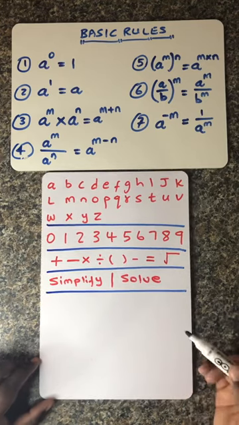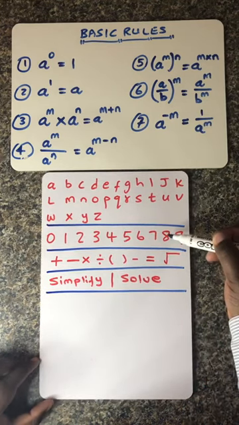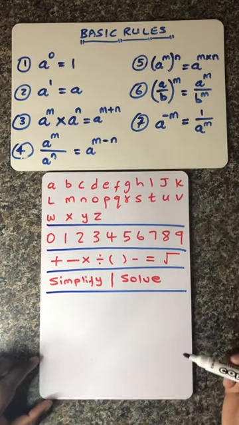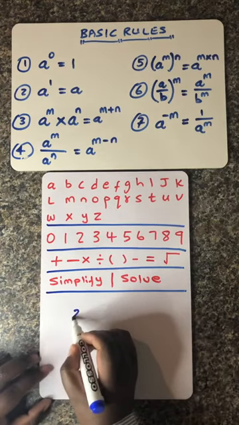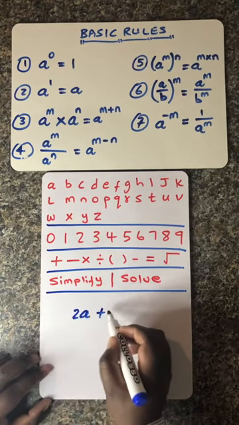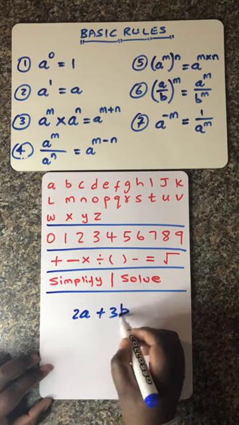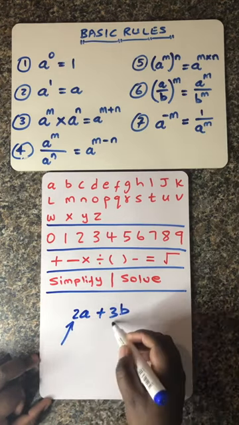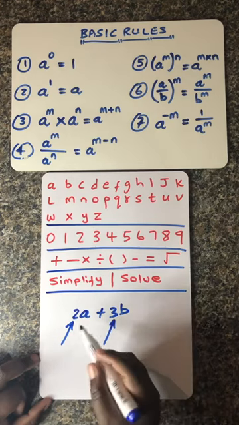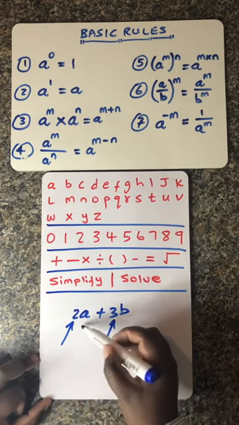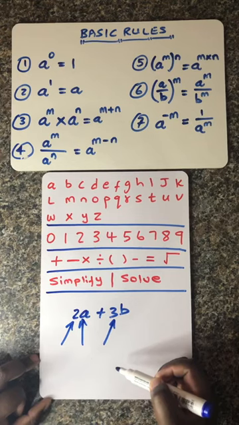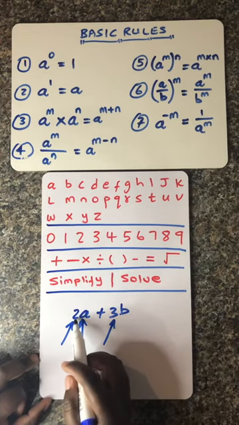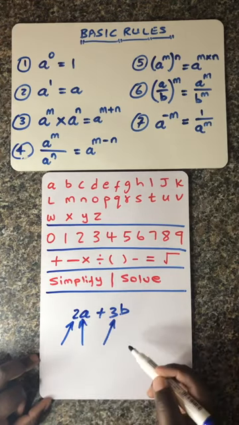Again guys, in terms of combining the numbers and the letters, for example, they can say 2a plus 3b. In this case, 2 is a number, 3 is a number, and 2 is combined with the letter a. So you've got the combination of the number 2 and the letter a.